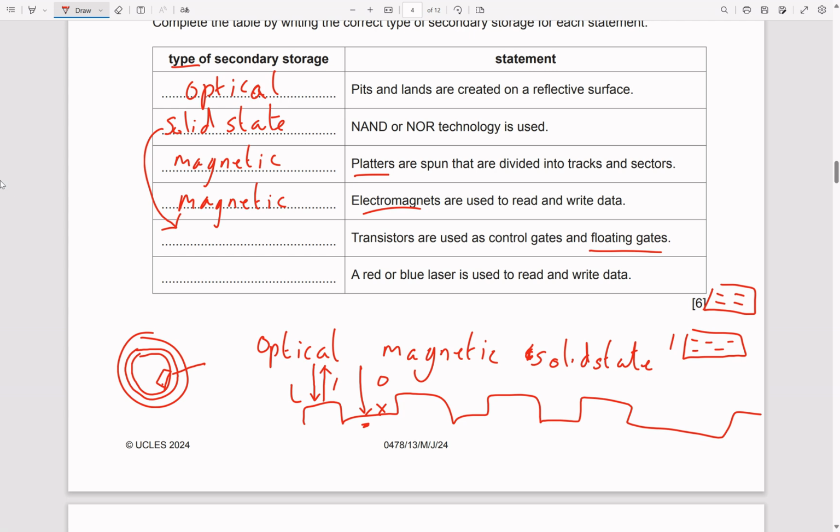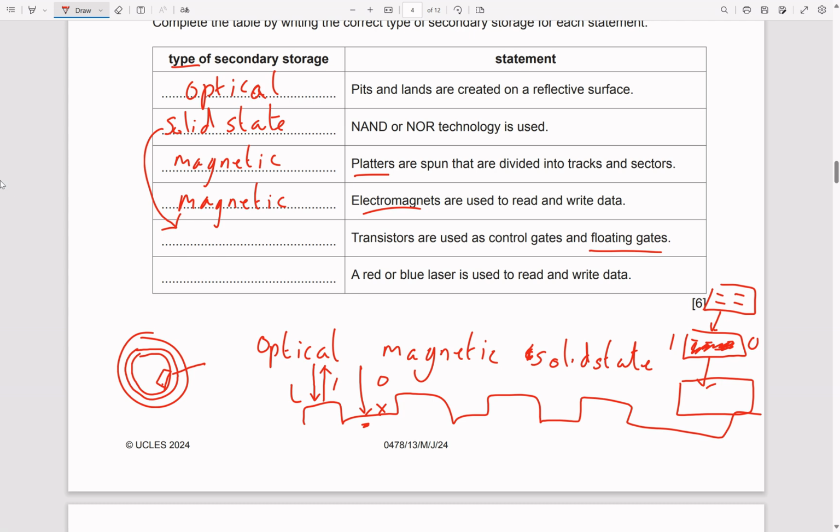And if we negatively charge the control gate, negative and negative are going to repel. So this negative charge will repel the negative charge from the floating gate, and then the charge will be attracted into this oxide layer. So effectively, this negative charge will disappear. And then if we have a neutral charge, that can represent 0. So that's how that's going to work.